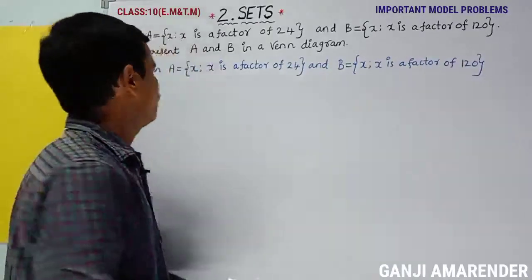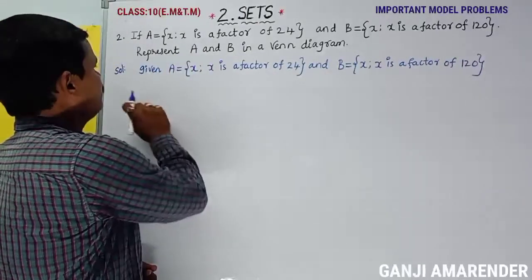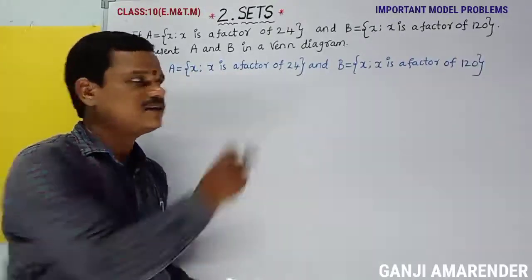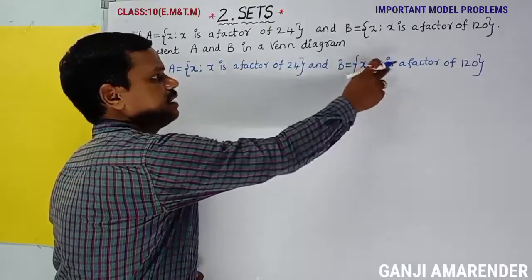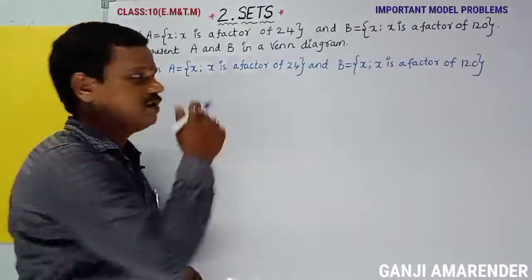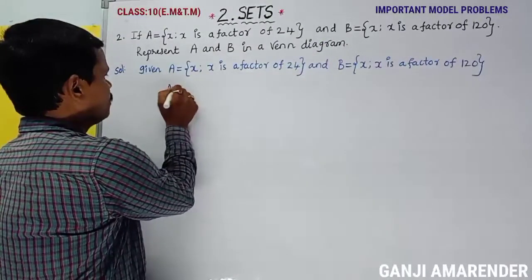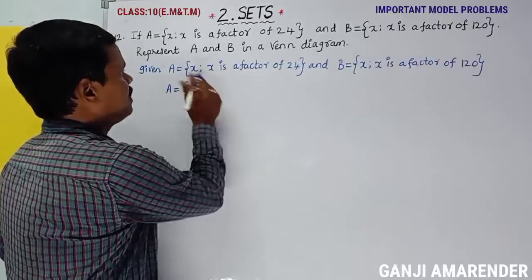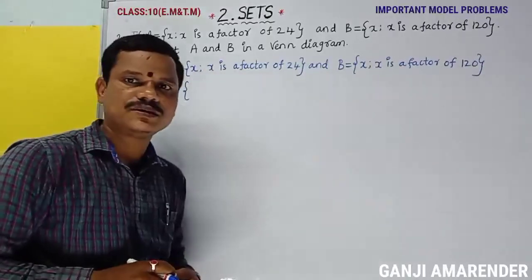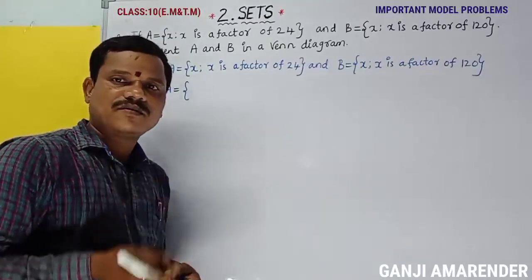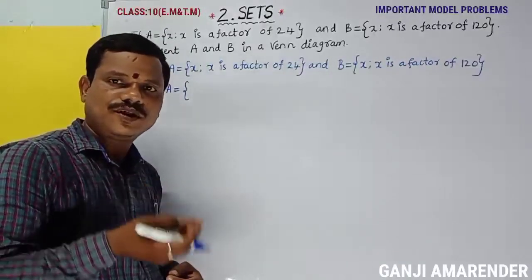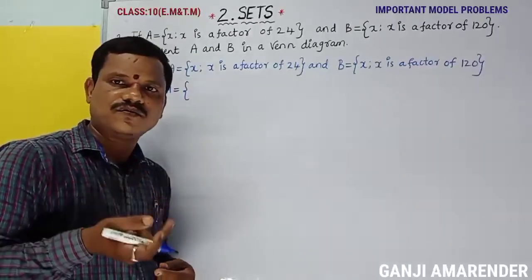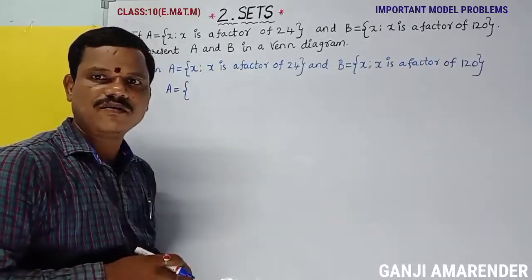Okay, first write the given: set A is equal to x such that x is a factor of 24 and set B is equal to x such that x is a factor of 120. Now write the roster form of set A. X such that x is a factor of 24 means what are the factors of 24? 1, 2, 3, 4, 6, 8, 12, 24. These are all factors of 24.